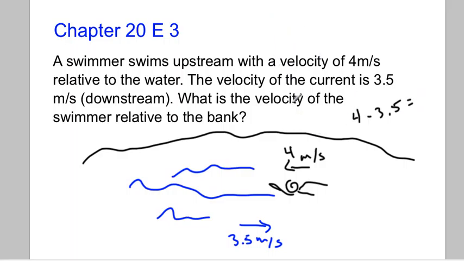Because you have this vector going this way, that vector going that way. The total that we'd see on the bank over here would be the subtraction.